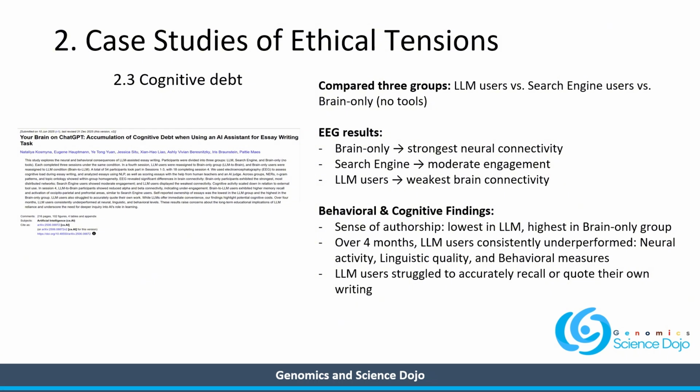So that's how you know your brain is getting the exercise it needs, while the LLM users actually provided the weakest brain connectivity. It's also important to recognize that in this study, they surveyed the individuals, and across these three groups, the sense of authorship or ownership of the product that they wrote is lowest in the LLM group and highest in the brain-only group, which is perhaps not that surprising.